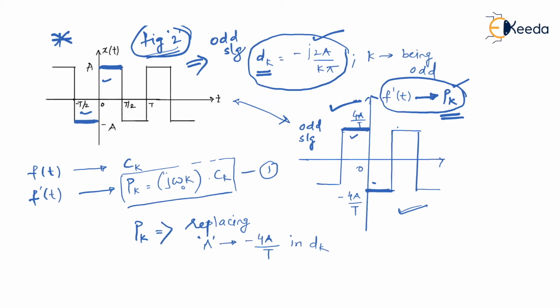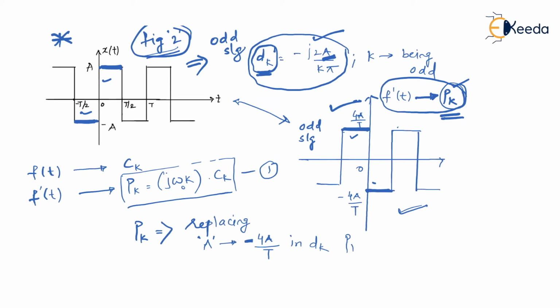So my idea was to get the value of pk from dk just by replacing amplitude A with minus 4A by T. I'm sure you must have figured out why I'm replacing A with 4A by T, because we don't have amplitudes as A or minus A, we have amplitudes as 4A by T and minus 4A by T. And this negative sign says that we are multiplying the coefficient with a negative sign.